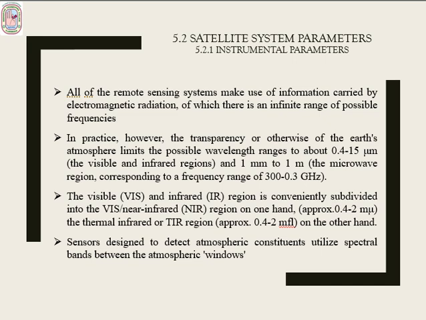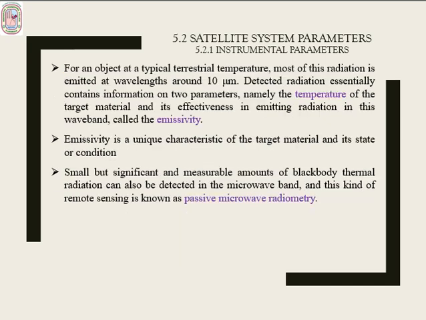And the final one is the emissivity, unique to each material, which affects thermal infrared sensing. Passive microwave radiometry relies on detecting black body radiation from the objects, typically around 10 micrometer wavelength. So, temperature and emissivity are important parameters in these instrumental parameters. Emissivity is, as I said, a unique characteristic of the target material and its state or condition.